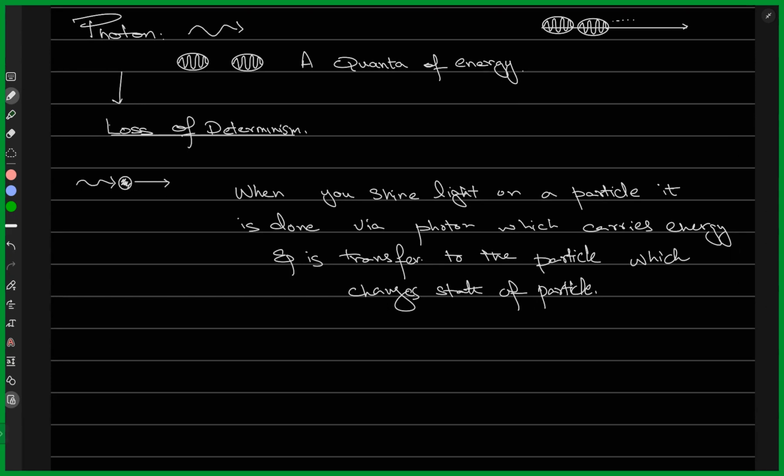Now, suppose, again, we're not talking about macroscopic particles, but microscopic subatomic particles. For example, this particle is an electron. You want to see that electron, so what you do is you throw an electromagnetic wave, a photon, usually represented with the symbol gamma, onto this electron to observe it, right?